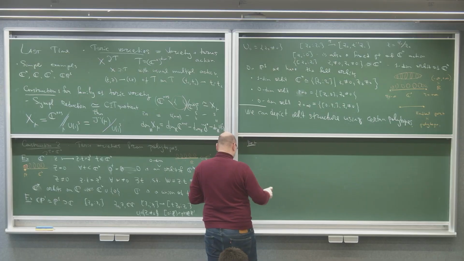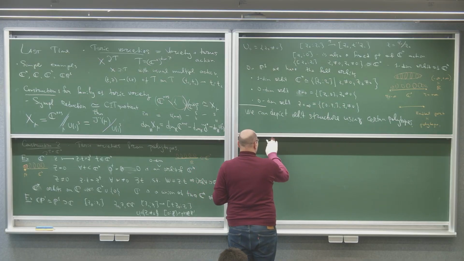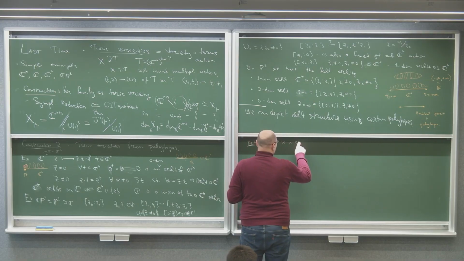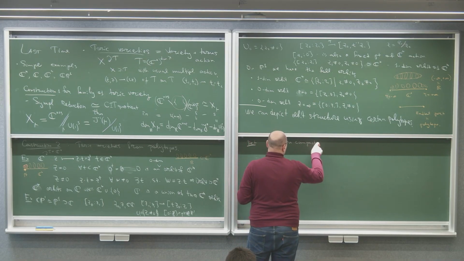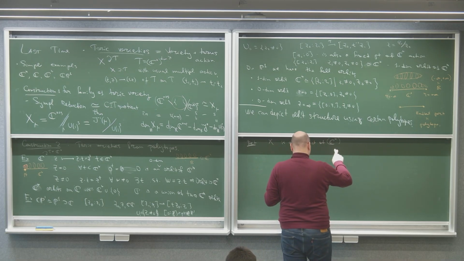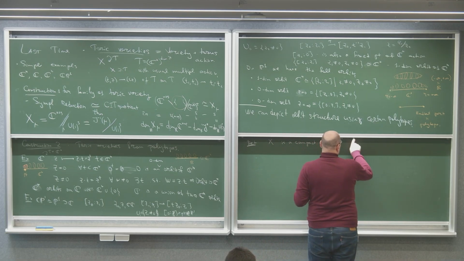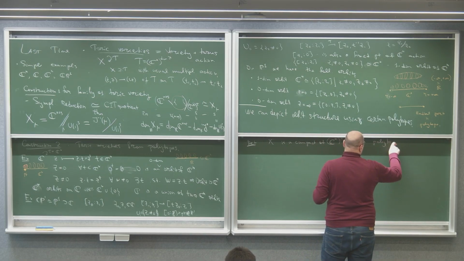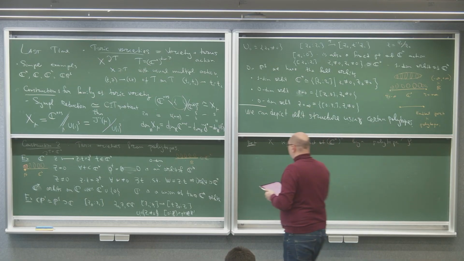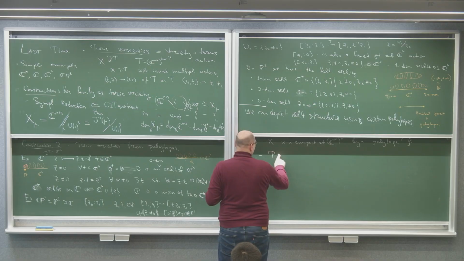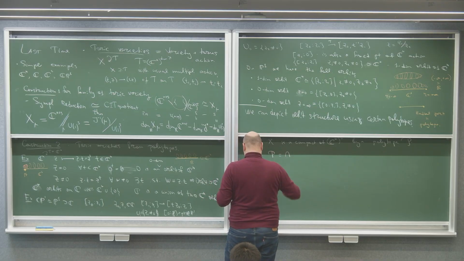Definition: X is a compactification of C star to some power n by a polytope P.